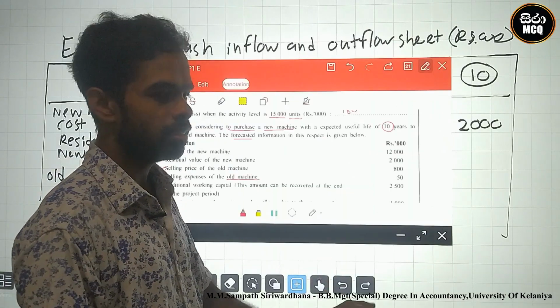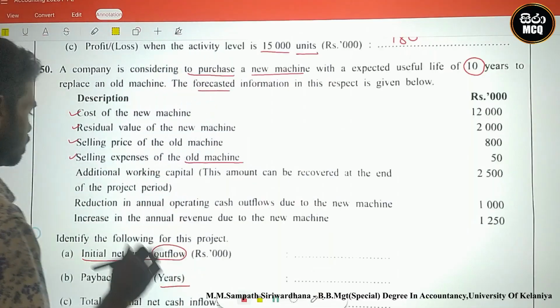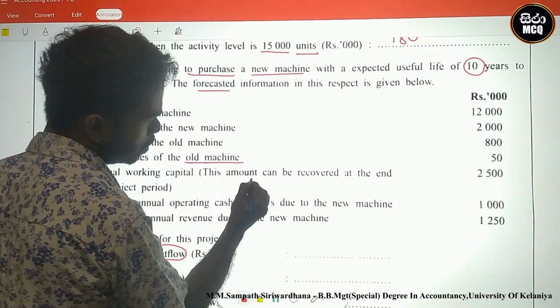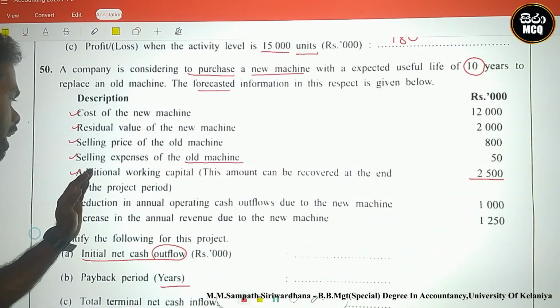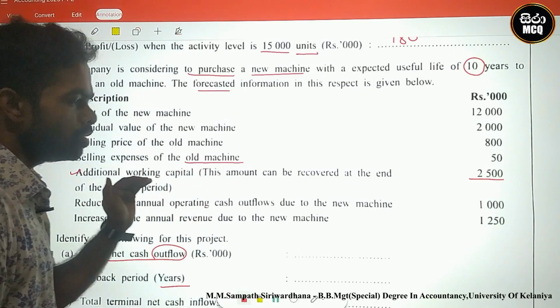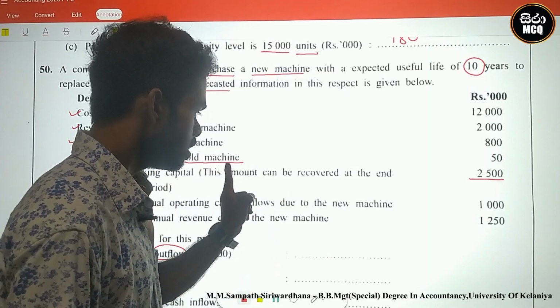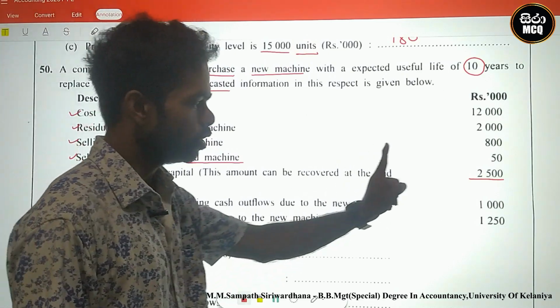800 was an inflow. Why? We sell, so we can collect some money, but this is the expense. Next one, additional working capital: this amount can be recovered at the end, 250. Therefore, for additional working capital we must deduct it in year 0. After that, this amount can be recovered at the end of the project, 250.